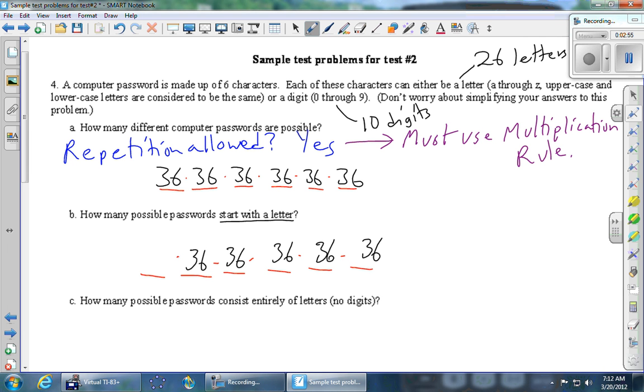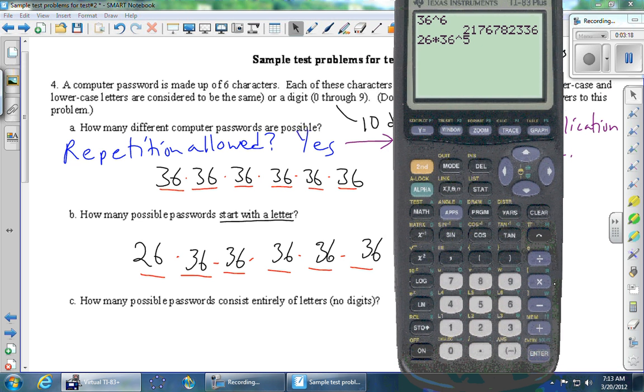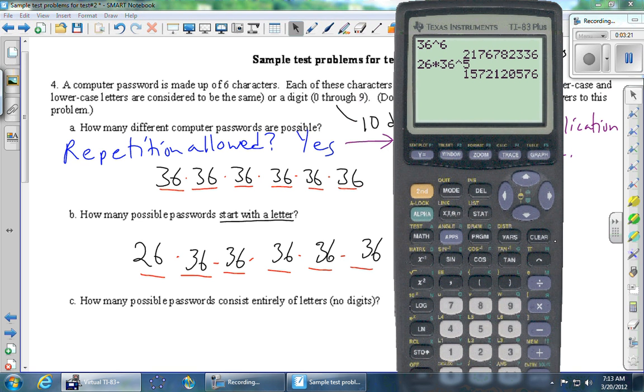So how many choices do you have in that first slot if it has to be a letter? Well, the only choices are letters, and there are 26 of those. So we can't put a digit there, which is why we've lost those 10 digits to choose from. And so if we wanted to figure out what that one is, we could do 26 times 36 to the 5th. There's only 5 36s now. So we should get some still enormous but smaller number.